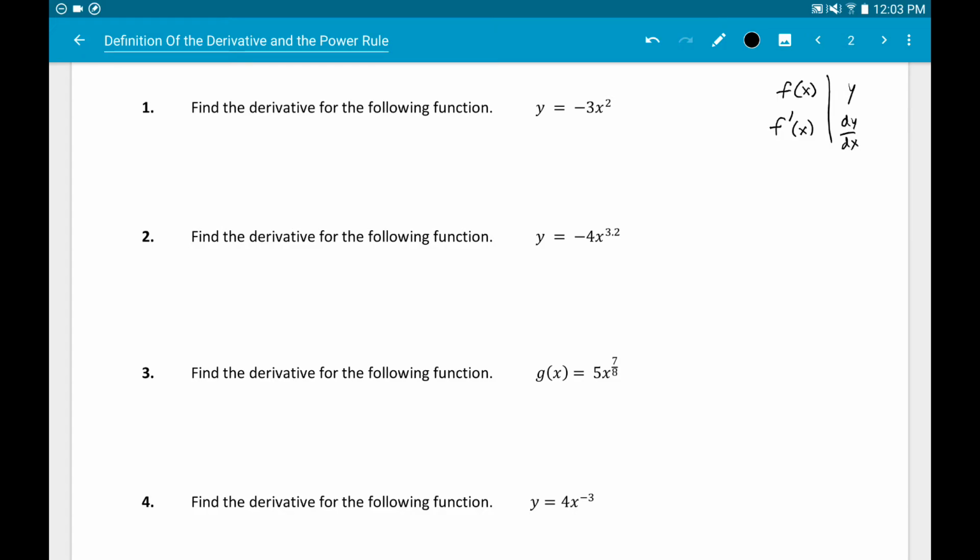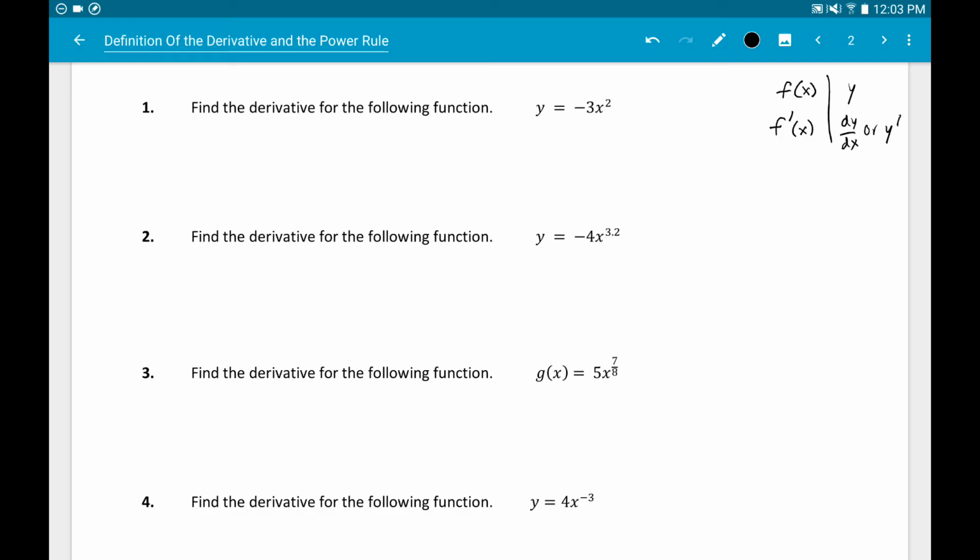This is called Leibniz notation. It's just named after the guy that came up with it. Dy over dx means exactly the same thing that f prime of x means. It means the derivative of the function. You may also sometimes see them write y prime. I don't like the notation y prime because it's too easy to confuse that with y to the first.